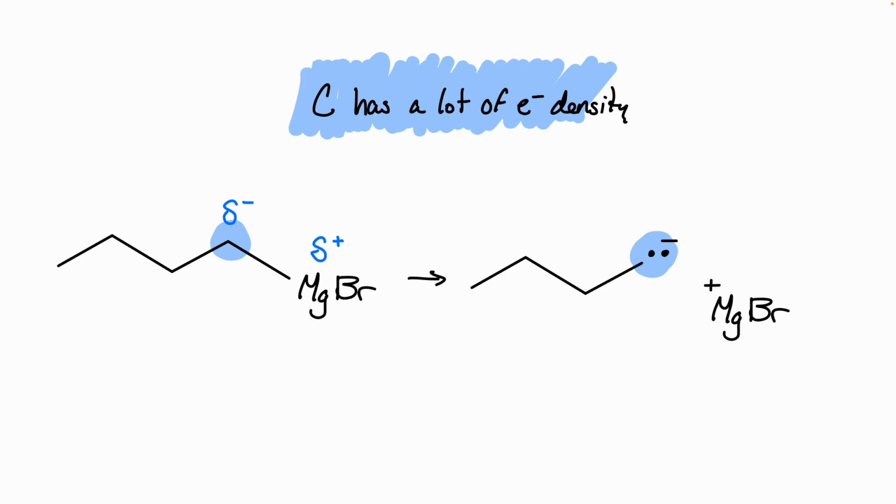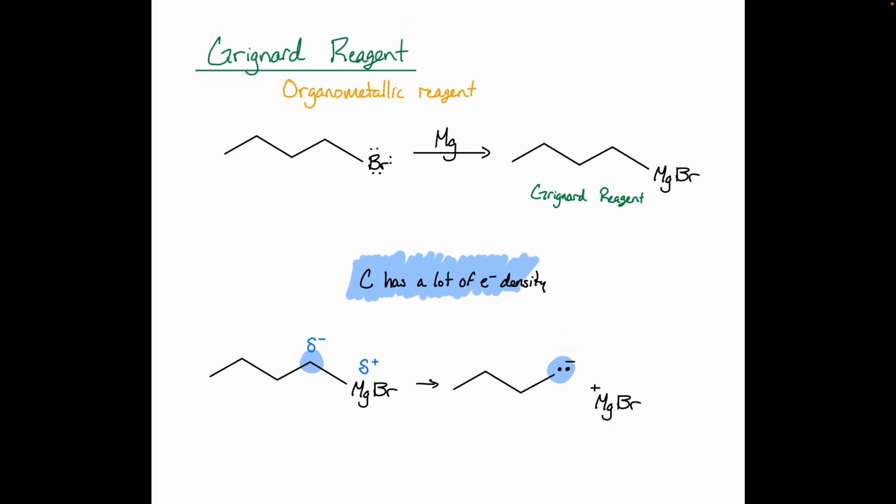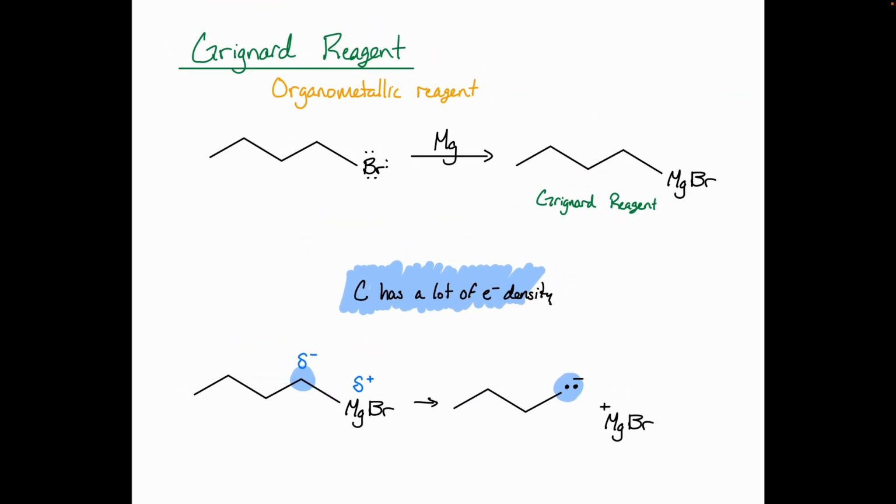All right, and what do we call that species with a large amount of electron density in our chemical reactions? The things that like to react with stuff that doesn't have a lot of electrons, right? What's the one that has a lot of electrons, the nucleophile or the electrophile? The nucleophile. So with our Grignard reagents, we've created a carbon with a huge amount of electron density, which means we've just created this nucleophilic carbon, all right?